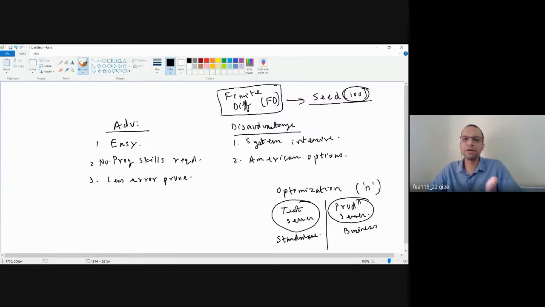Because if a model developer makes a mistake in the model, then the business will end up using a wrong model, which can be detrimental for the bank's business or any company's business. So whatever changes are made to the model, be it a new model or an optimized model, you need to run it thoroughly in a test environment or the test server first.